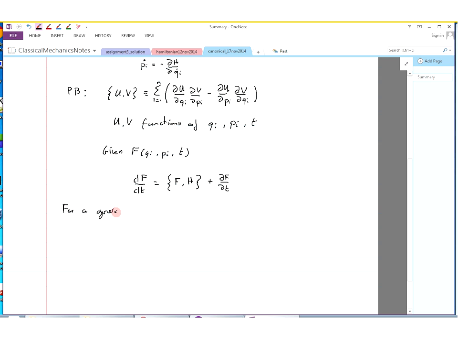So we wrote for a generating function G. So G generates a transformation of coordinates that we could write something like this, that Q_i primed is given by Q_i plus the Poisson bracket of Q_i with G. So G is some function, in principle of the Q_i, P_i, and t.